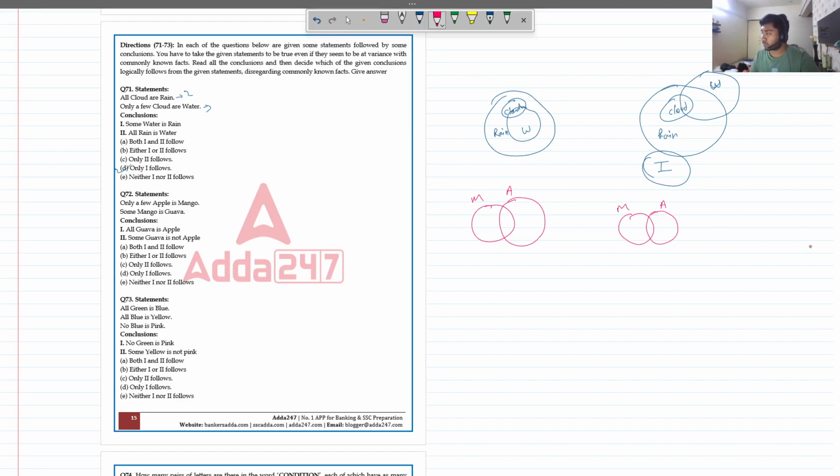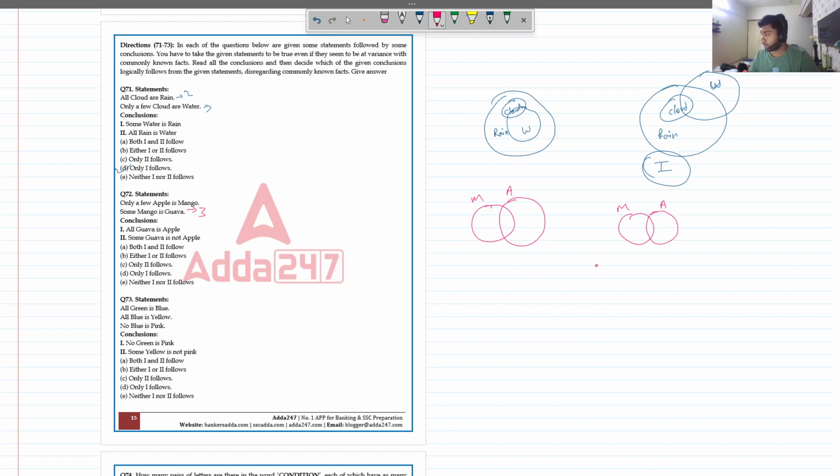You can draw even more to accommodate more cases, but draw at least two. That's what I suggest. Let's read the second statement. Some mango is guava. There can be three possibilities for this.